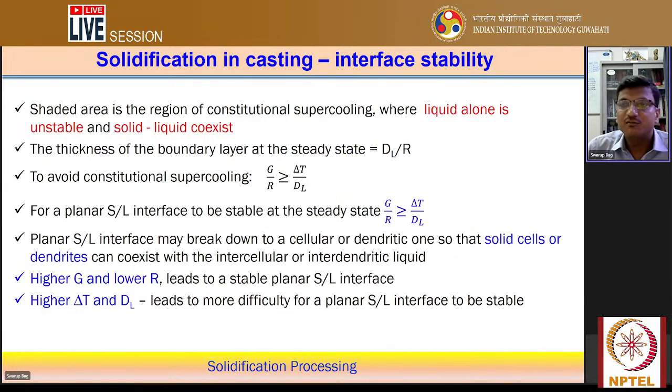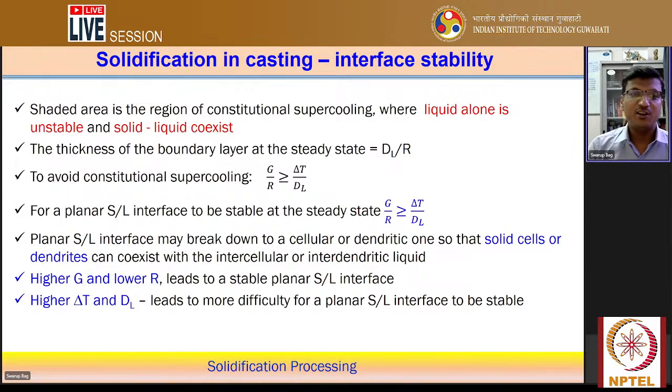Now here you can look at this. In the shaded area, the constitutional supercooling zone, the liquid alone is unstable, and in this zone solid and liquid coexist together. The thickness of the boundary layer at steady state is equal to DL by R. To avoid constitutional supercooling, G by R should have a very high value as compared to delta T by DL.